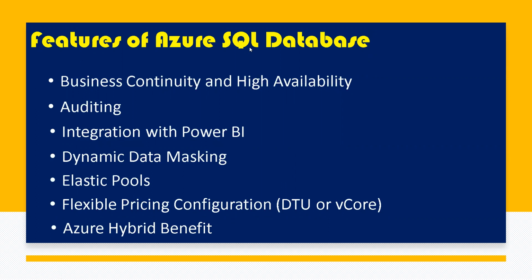Suppose you have an on-premises license for a particular number of years, but meanwhile you are planning to migrate into the Azure platform environment. The on-premises license, we can use it here. That feature is also available. All right, so these types of features are available. Let's see them in detail one by one.